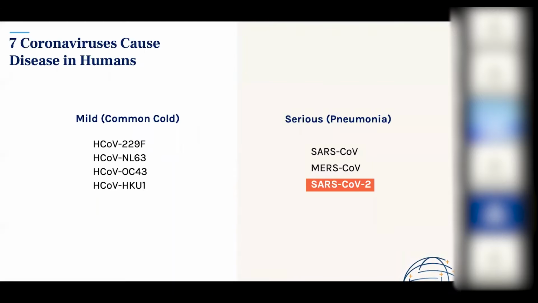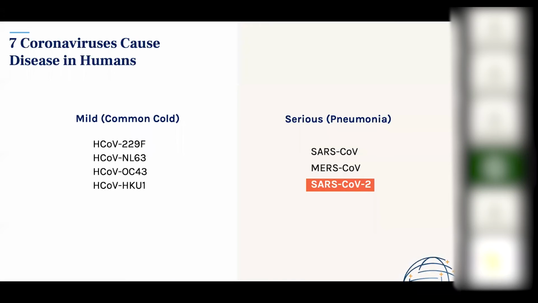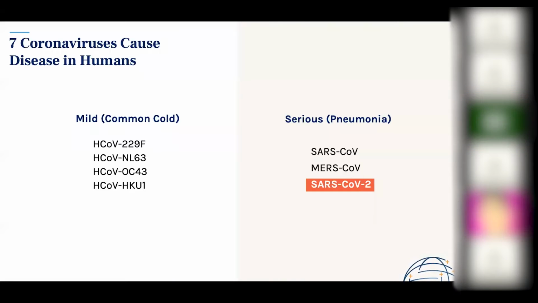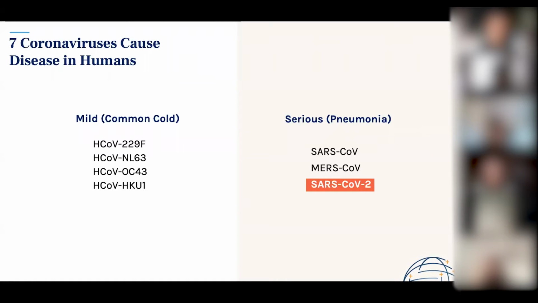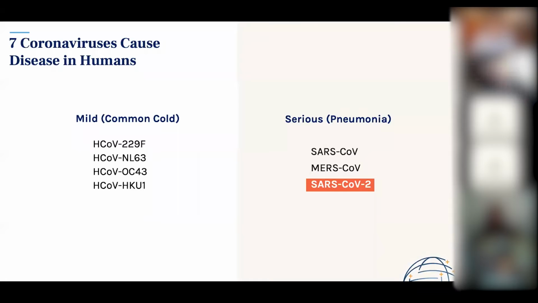So there are at least 7 coronaviruses that cause diseases in humans that we already know about. Maybe we'll have a quiz later to see if you can memorize all these different species and strains. But all you really need to know is that we have at least 4 of these that we've known about for a long time, which cause the common cold every year. These are very, very common in humans, have been for years, and don't usually give us more than a sniffle.